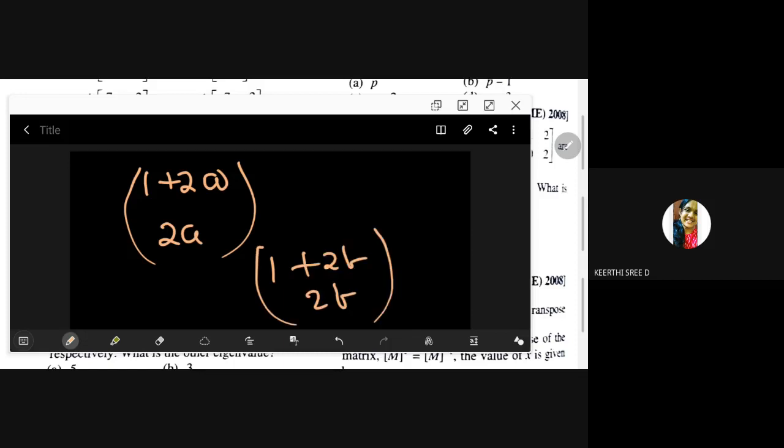But this is some k1 into 1a, k2 into 1b.